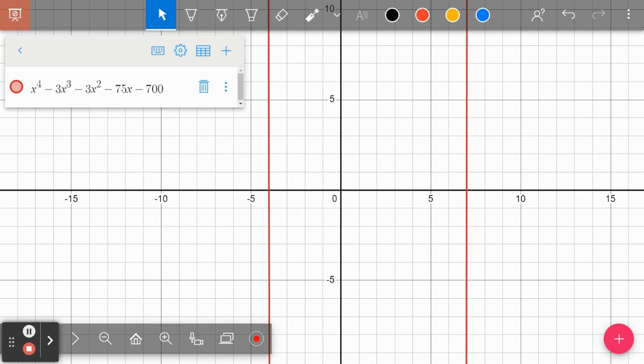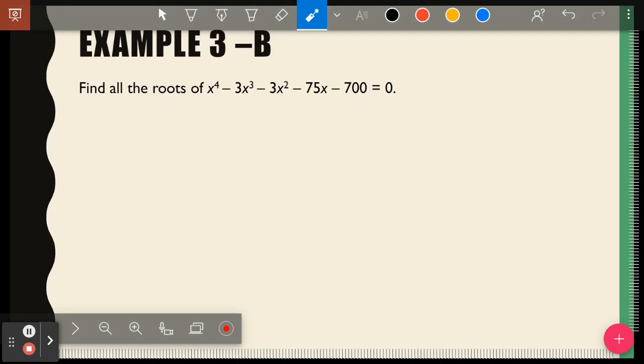Again, this doesn't transfer the best when I copy it over from Desmos, but that would be negative 4, and this would be positive 7. So I'm just going to write those answers over here on the top. From the graph, we know x equals negative 4 and x equals 7.